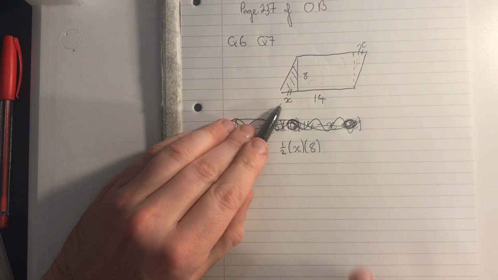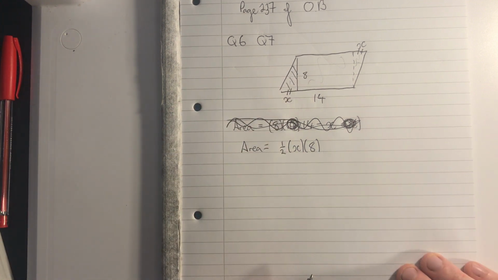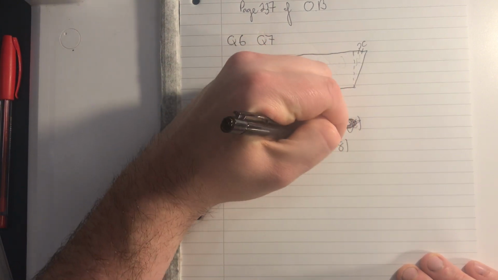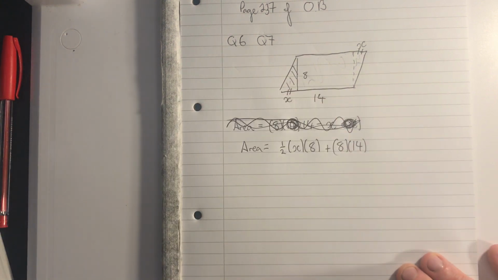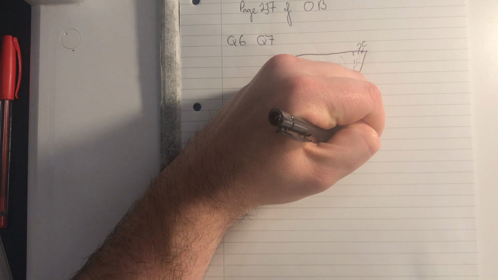So that's a half the base by the perpendicular height, plus the area of this rectangle here. I made the same mistake again. Sorry, it's not 8 times 14.